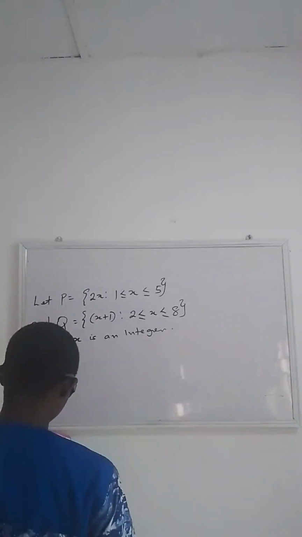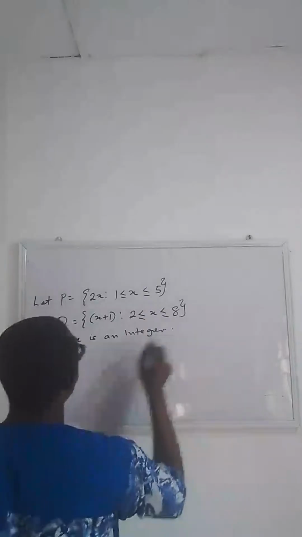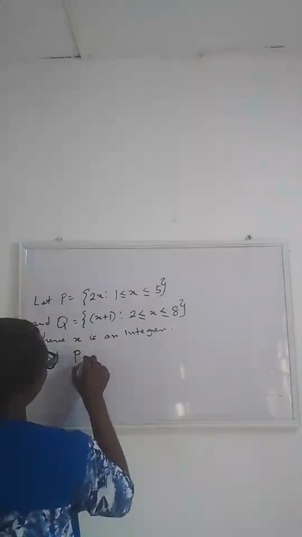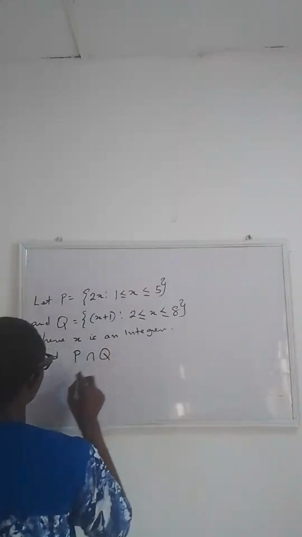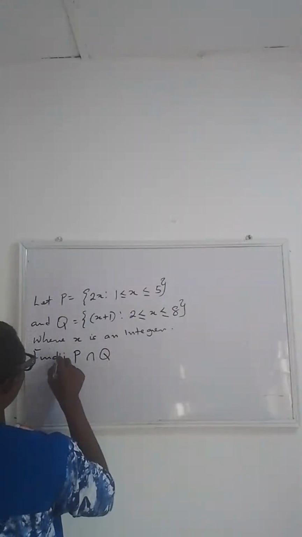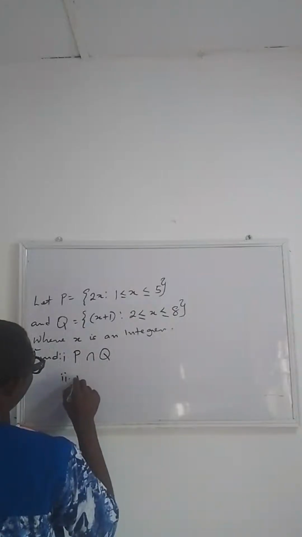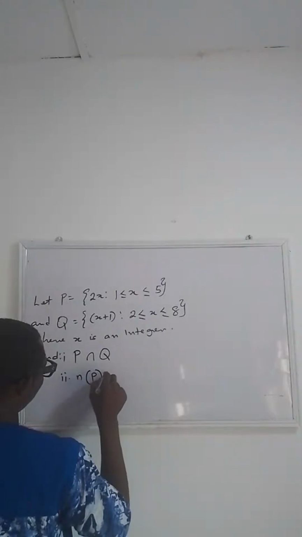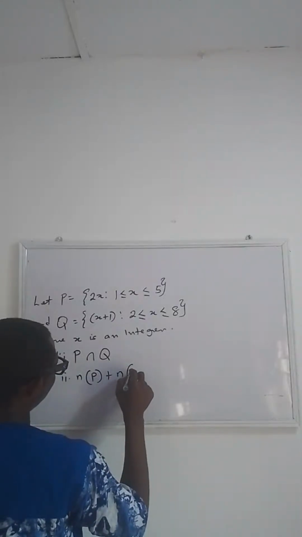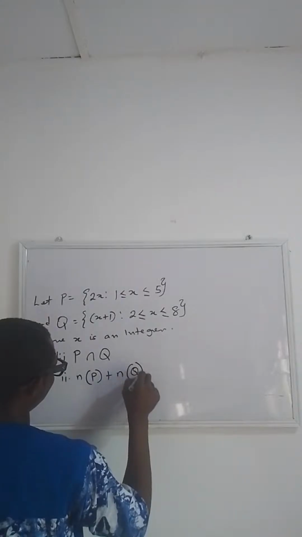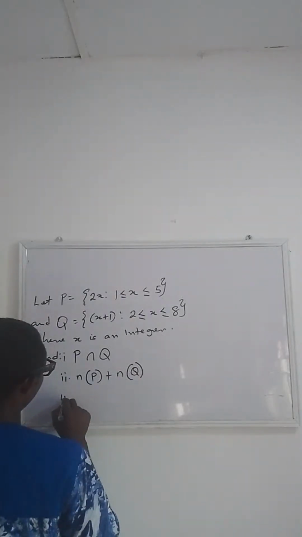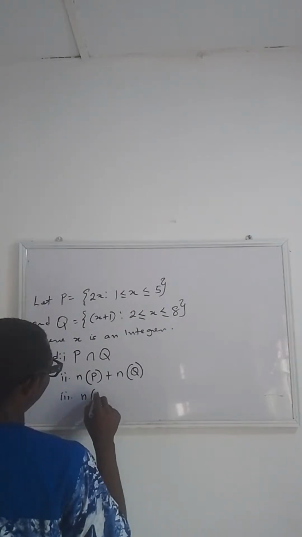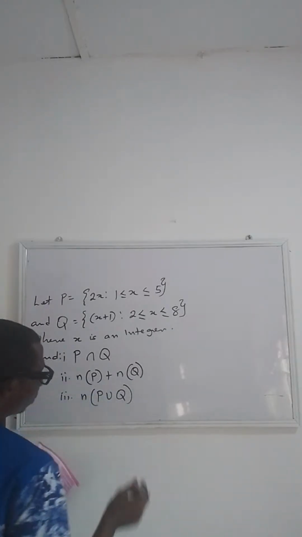Now find: 1. P intersection Q. 2. Number of members of P plus number of members of Q. And 3. Number of P union Q.